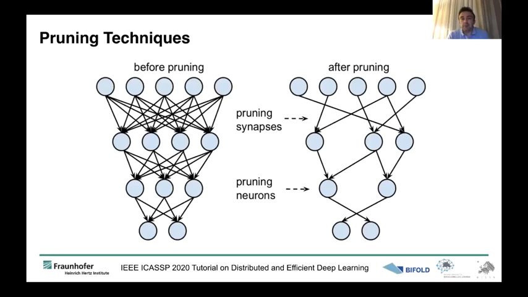So probably the most popular technique is net pruning, where you make your architecture more efficient by pruning either weights or whole neurons, for example. And if you do that, then often you not only have a possibly smaller architecture, but you can maybe also require less computation.